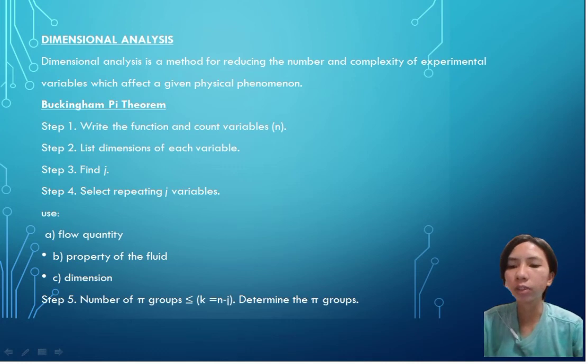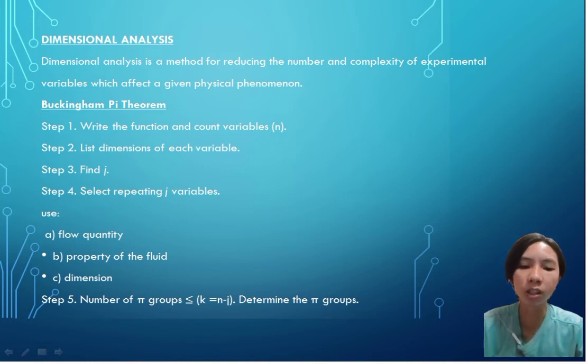Now we have the dimensional analysis. Dimensional analysis is a method for reducing the number and complexity of the experimental variables which affect a given physical phenomenon. We have the Buckingham Pi theorem. Step 1, write the function and count the variables, n. Step 2, find the dimensions of each variable.